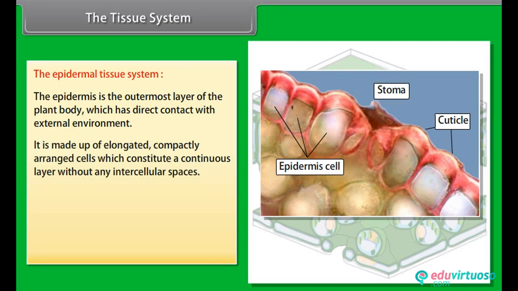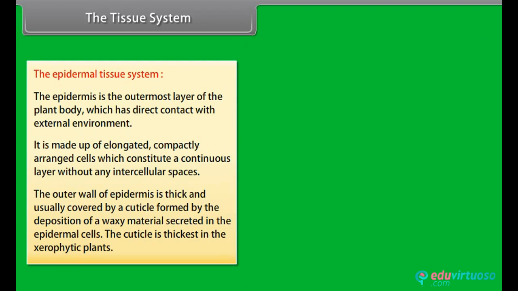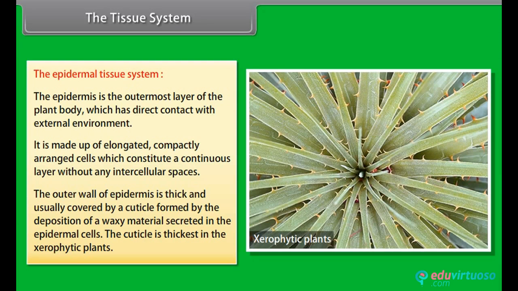It is made up of elongated, compactly arranged cells which constitute a continuous layer without any intercellular spaces. The outer wall of the epidermis is thick and usually covered by a cuticle formed by the deposition of a waxy material secreted by the epidermal cells. The cuticle is thickest in xerophytic plants.